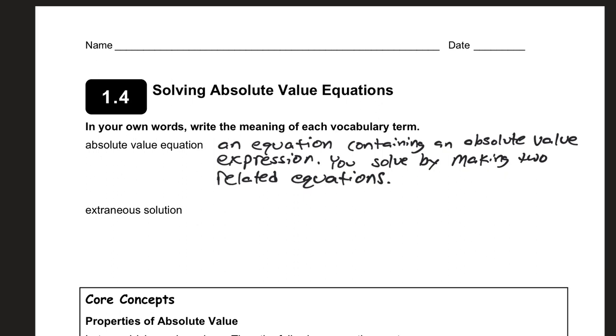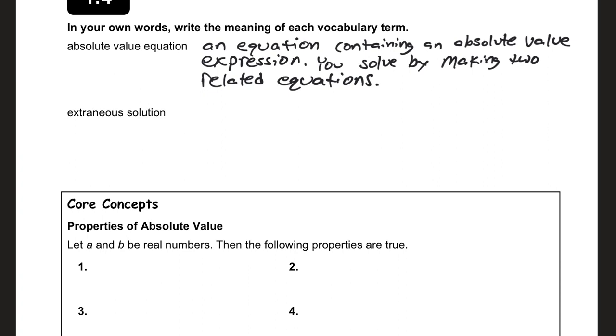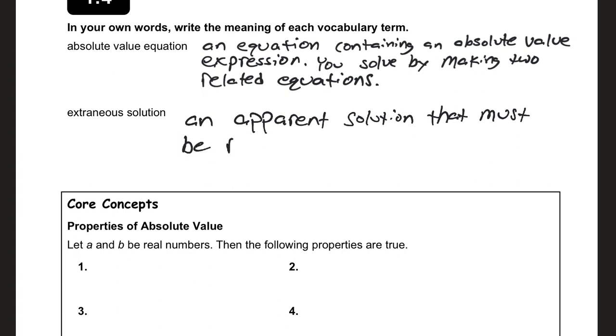Okay, and the other vocab here is going to be extraneous solution. An extraneous solution is an apparent solution that must be rejected because it does not work.